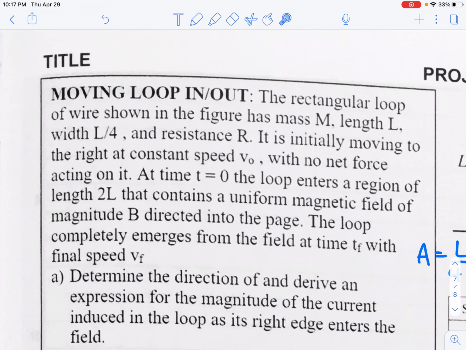As the loop exits the field, the flux through the loop will decrease, and you will get another current generated. So there's only current generated in the loop when it enters or exits the field.